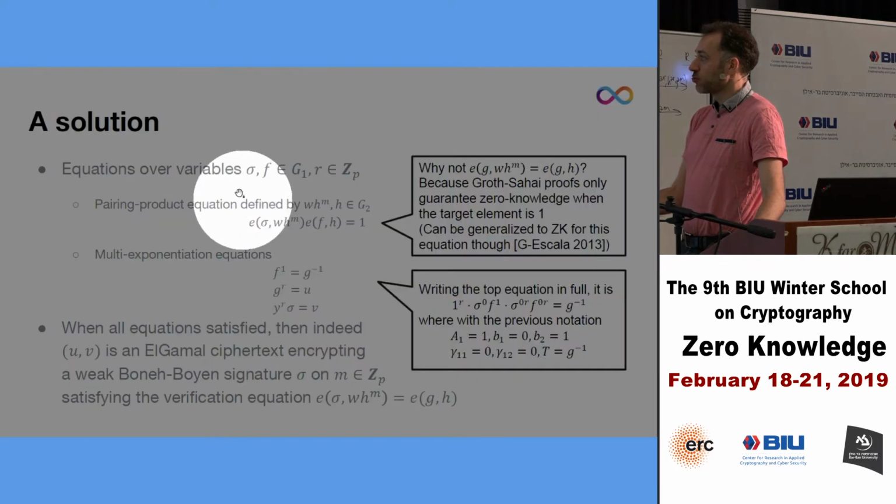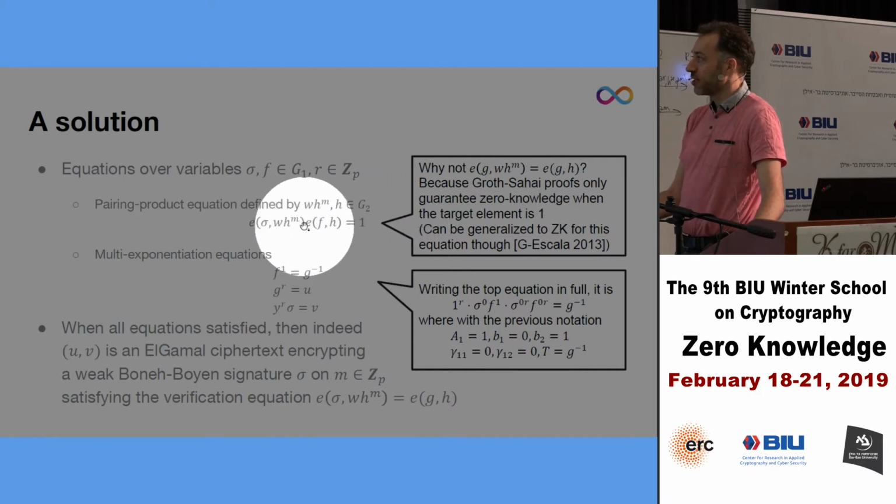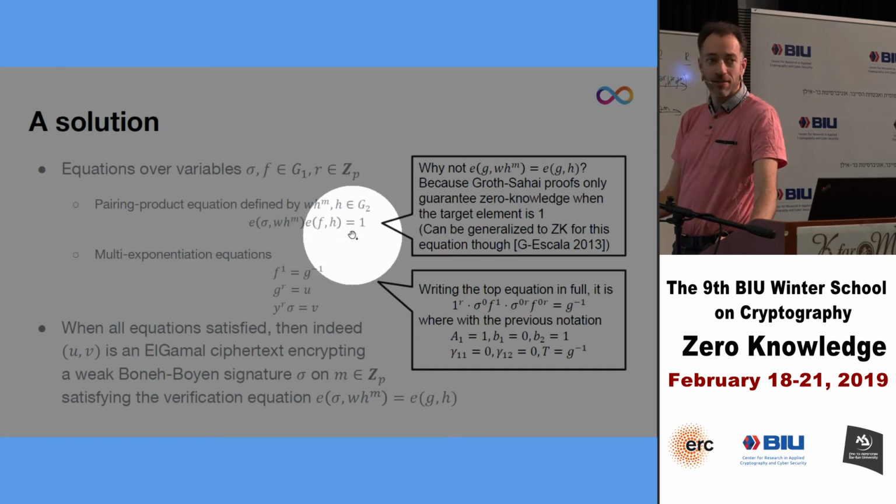And that ought to be the same as the pairing of G and H, but I have moved G and H to the other side, so F will be G inverse. And the reason I've done that is because there was a condition when we looked at pairing product equations that they should give you the result 1, not just some arbitrary element in the target group. There are technical reasons for that, so I'll get back to that question in a moment.